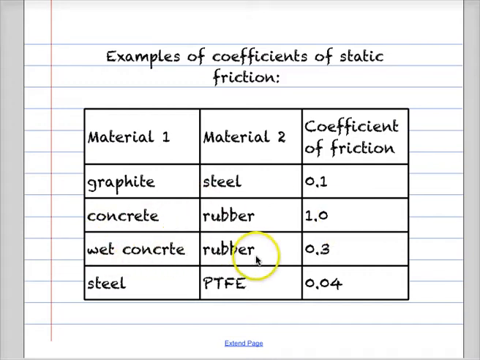Wet concrete on rubber, if it's been raining, we know that it can get slippy. So the coefficient of friction drops significantly if the concrete is wet. Finally, steel and PTFE. PTFE is a coating which is often used to make surfaces very, very slippy indeed, and we can see that the coefficient of friction is really small, 0.04.